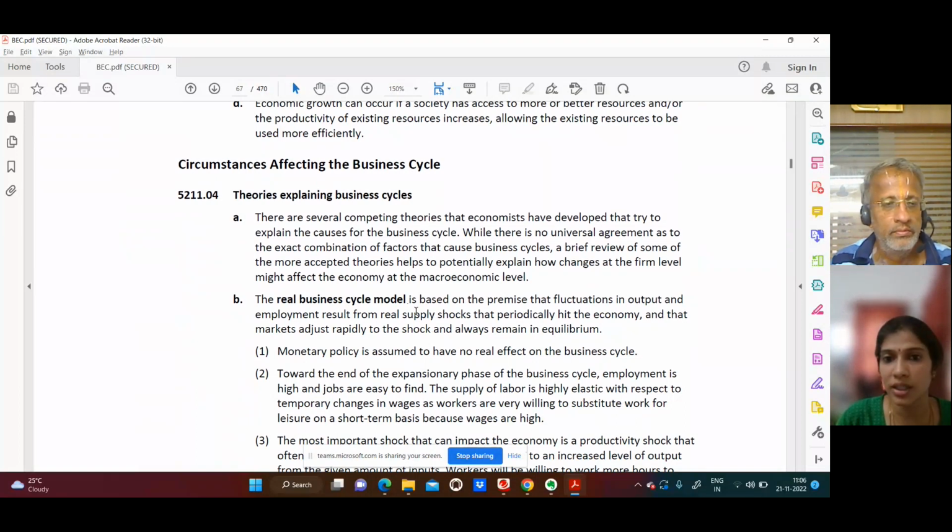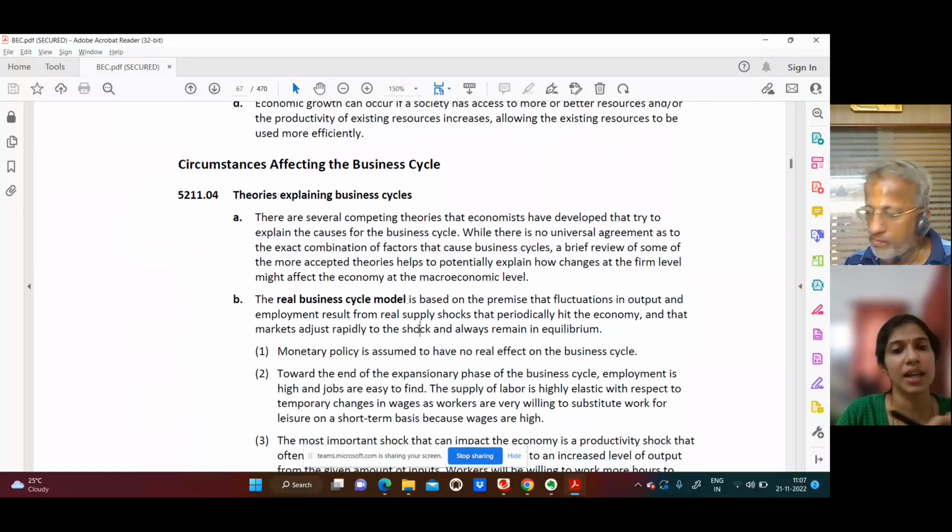I'm telling you the names also because they are Nobel laureates. They've been awarded Nobel prizes for their contribution in economics. So their theory is more recent, and they've tried to fit in the current scenarios to understand why these business cycles happen.